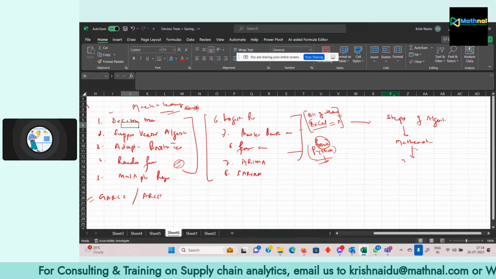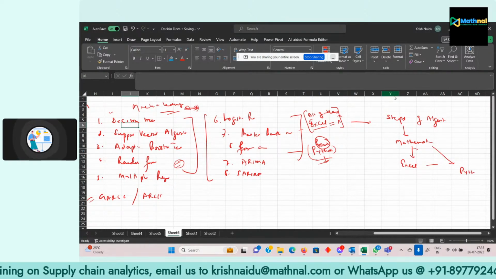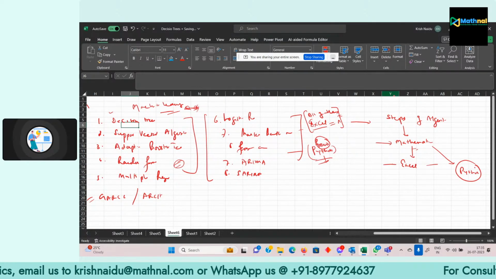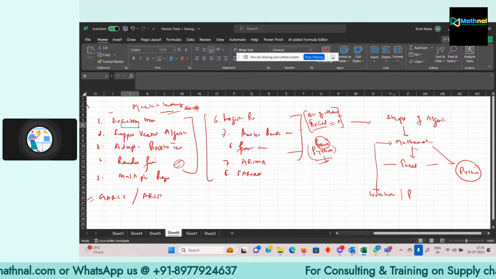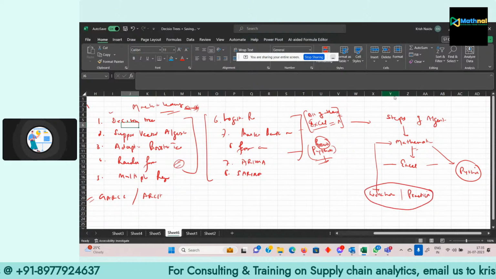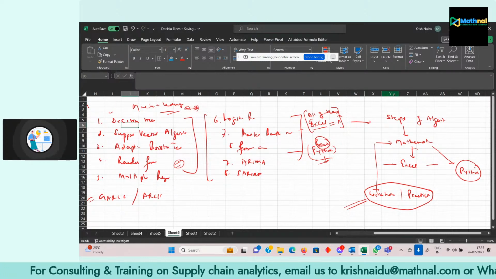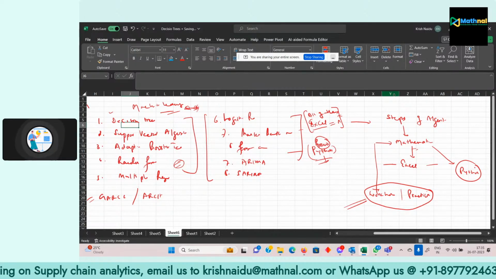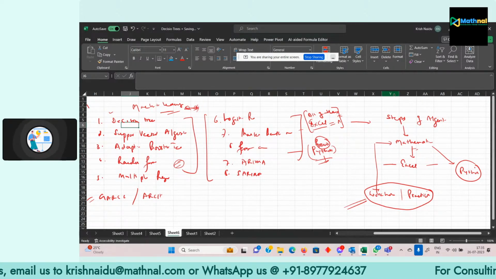How to apply this mathematics in Excel, how to apply it in Python, we'll give step by step visibility. The person has to work hard and practice. This is the only thing the person has to do. We have a program where even a layman comes, we'll train them. Our training structure is designed for a layman, not for an expert. Of course, experts will benefit.